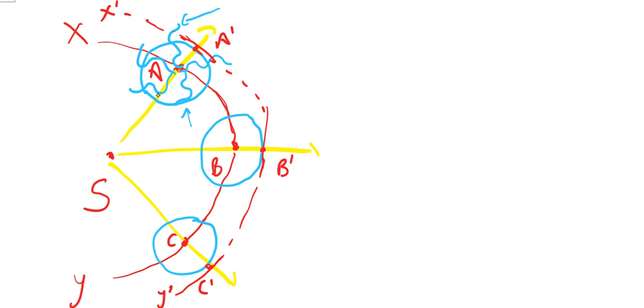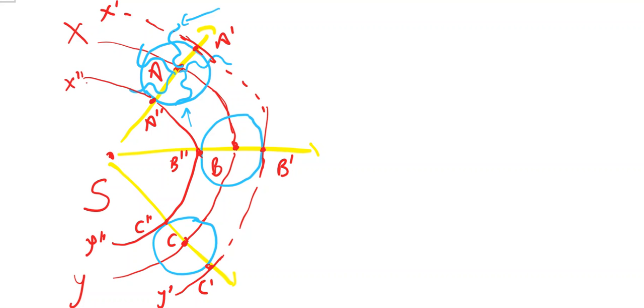And you can always choose points here also, say A double prime, B double prime, and C double prime. If you join them, you will get one more secondary surface, which may be Y double prime, X double prime.